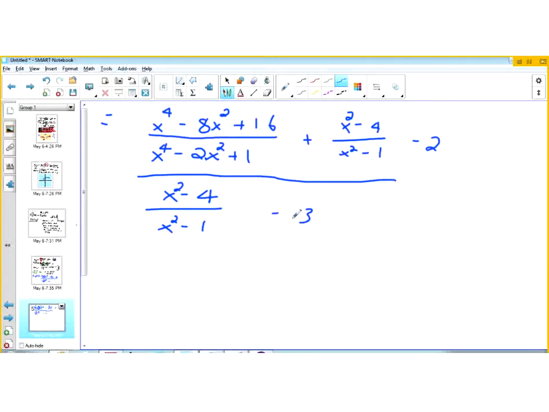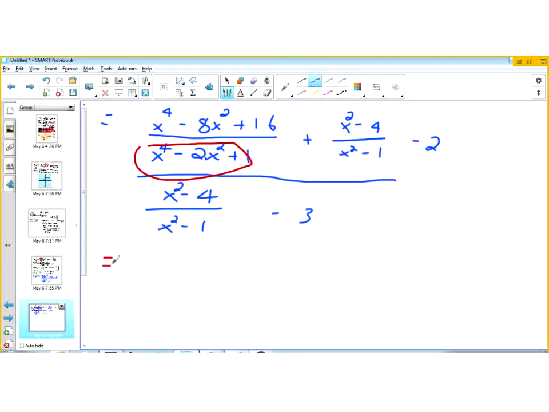All right, so what I'll do is I will go ahead and multiply upstairs and downstairs by this term right here. So I'll multiply upstairs and downstairs by that term.